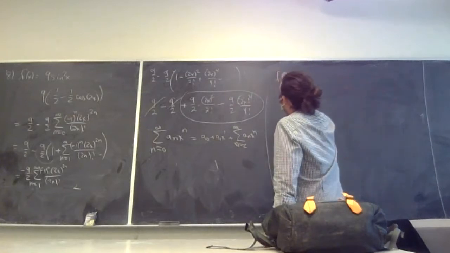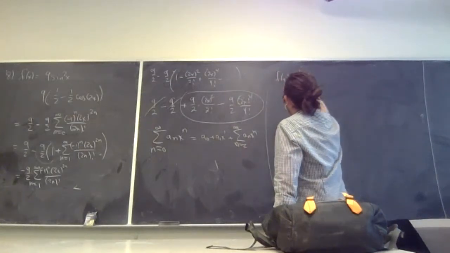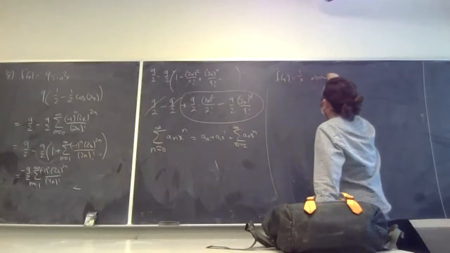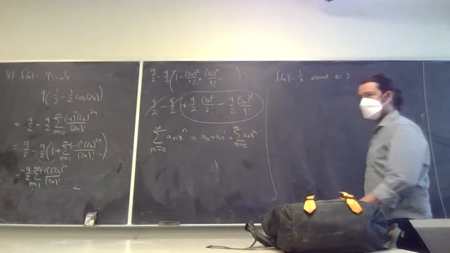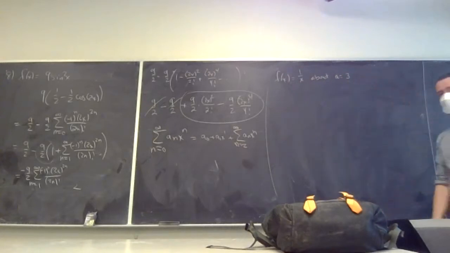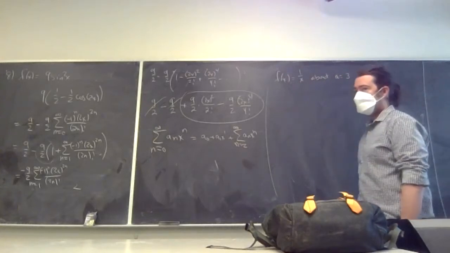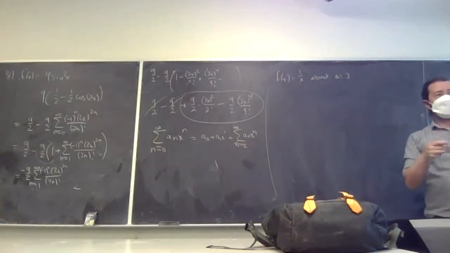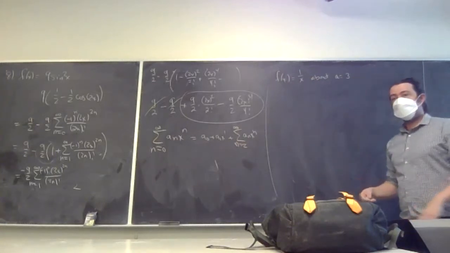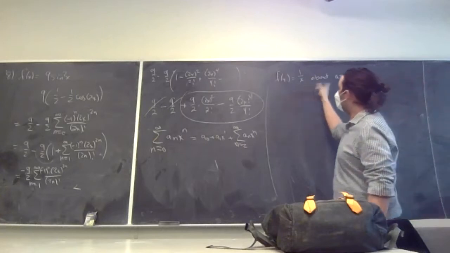Okay, so what you have is f of x is 1/x about a equals 3. But then being able to use that equation. Right, so the basic idea here is that square that we drew. Why don't you tell me what you got for your answer?